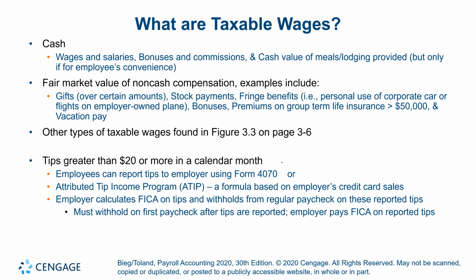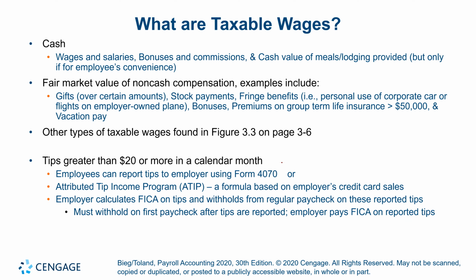Advance payments, back pay awards, bonuses, cash and non-cash prizes and awards, Christmas gifts, commissions, death benefits, employees' federal income and Social Security taxes paid for by the employer, fringe benefits, guaranteed annual wage payments, idle time or standby payments, insurance premiums paid by the employer for an employee's group term life insurance coverage, jury duty pay, moving expense reimbursement, retroactive wage increases, severance pay, sick pay, stock payments, vacation pay, right? Those are all examples of taxable wages.